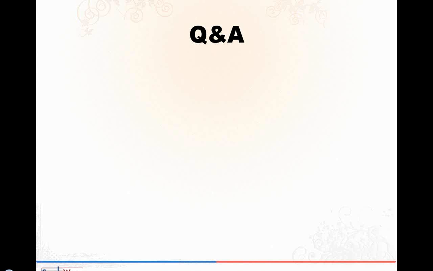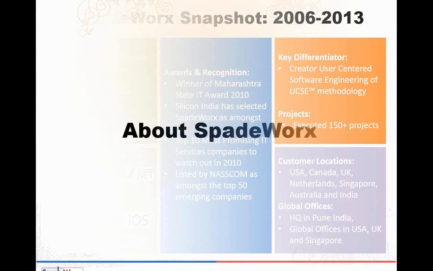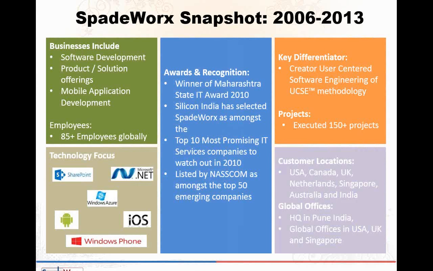Okay, so I'm going to my next item, which is a quick introduction to Spadeworks. Spadeworks was founded in 2006 and is based in Pune, Maharashtra, India. Since the beginning, Spadeworks has focused on Microsoft technologies.